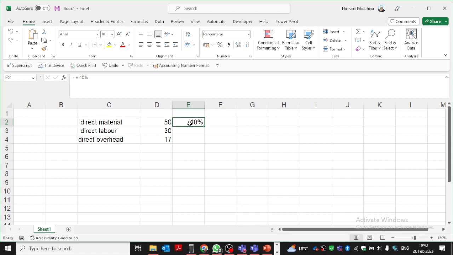Okay, this one doesn't allow me, so I'll just say 10%, which is a plus or minus, and then we've got 12%, which is a plus or minus, and then 14%, which is a plus or minus.